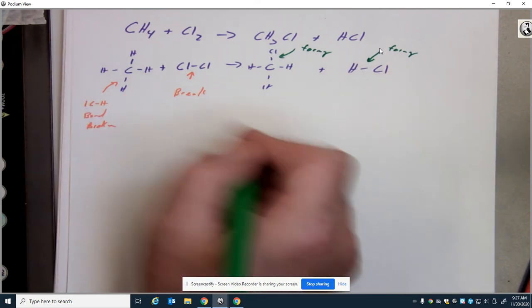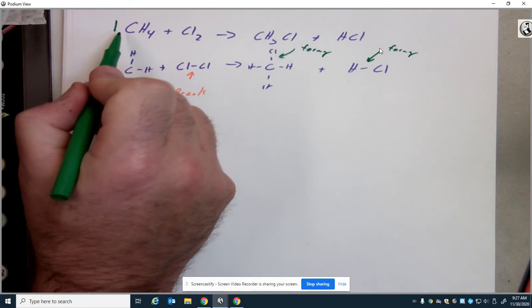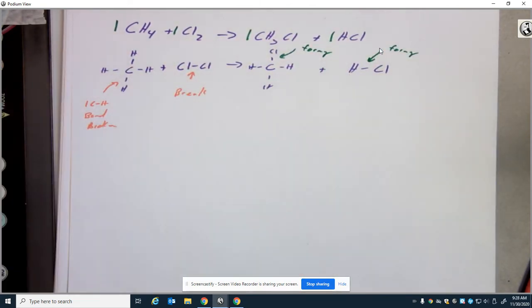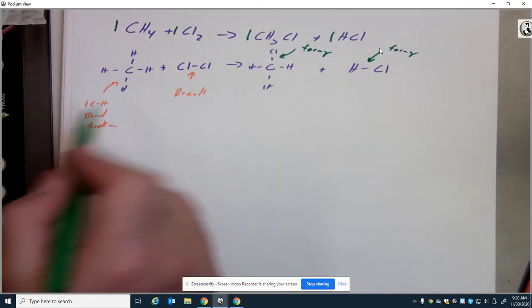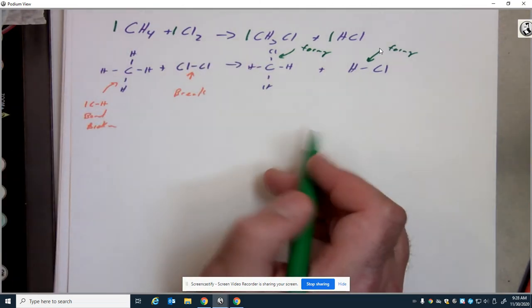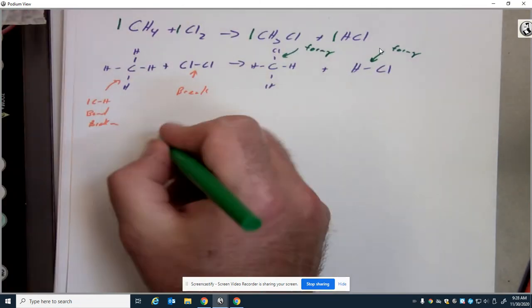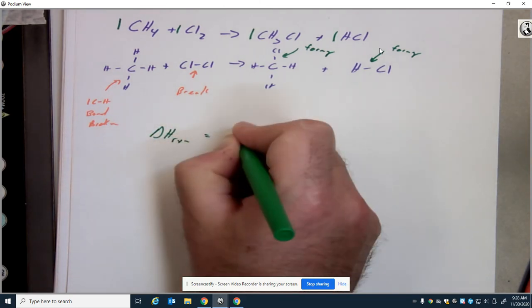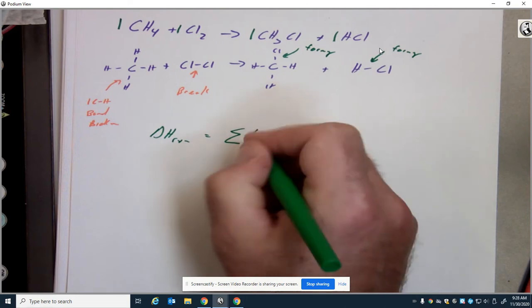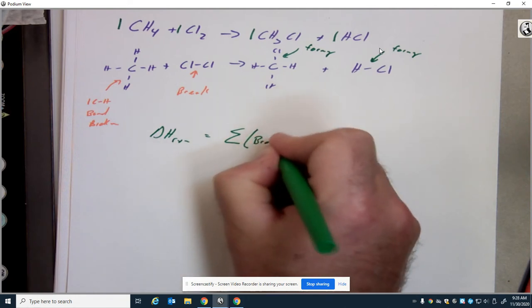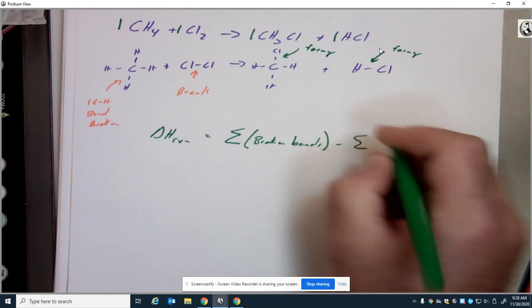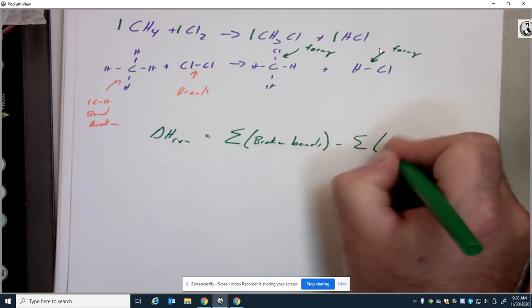Now it's important to look at the coefficients, and I made this one simple because it's balanced with just ones. So let's go ahead and calculate this. The delta H of our reaction is going to equal the sum of our broken bonds minus the sum of our formed bonds.